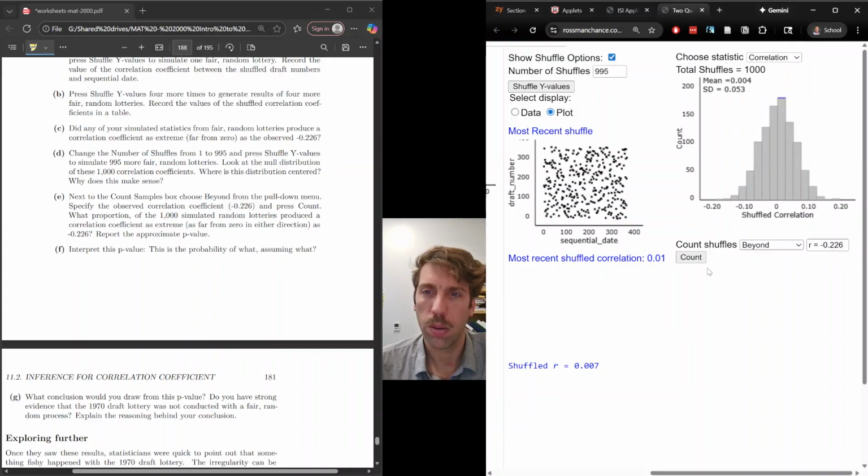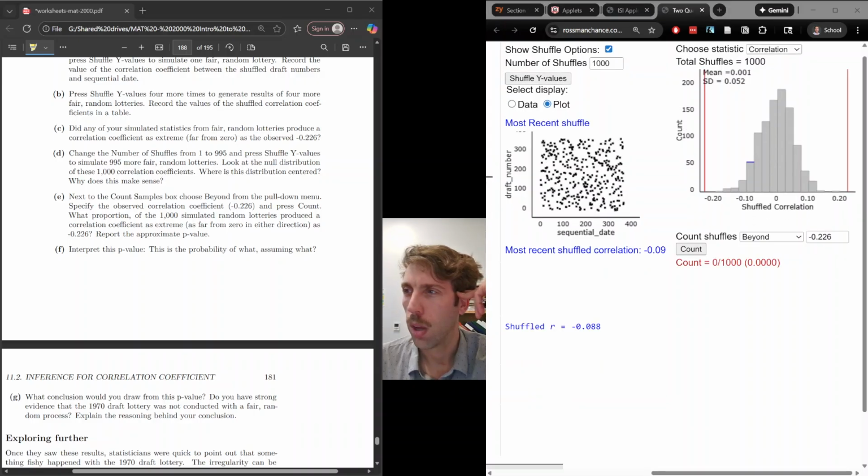Sometimes it can go a little slow, but I don't know what's going on here. Well, I'm going to restart. Okay, I reloaded my page and it worked again, so I don't know what was going on. So now when I look at how often I got a correlation coefficient of negative 0.226, when I ran it, I got 0. You might get 1 or 2 when you run it, okay?